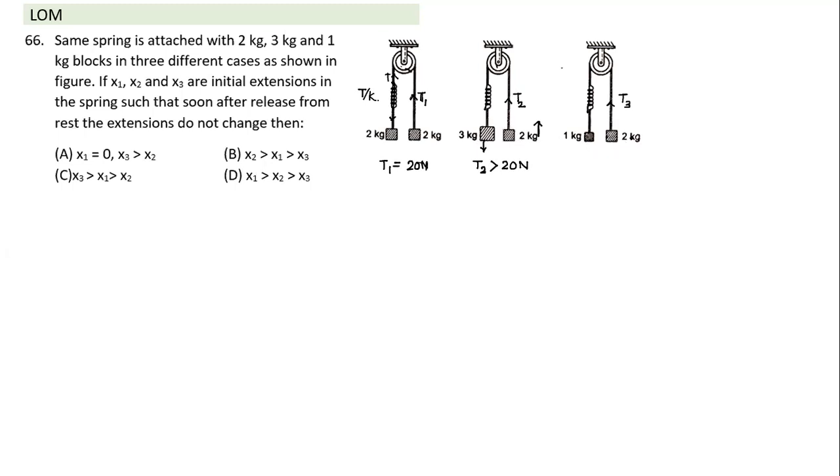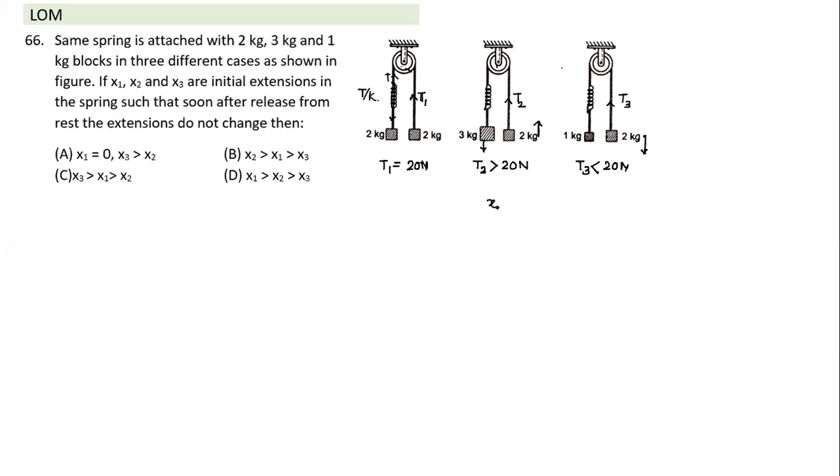Now come to the third case. Here this mass is heavier, so it will have a downward acceleration. If it has downward acceleration, it means T3 will be less than 20 Newton. So the tension developed here will be the least. If the spring remains unchanged in length, the spring is also behaving like a string and its extension is proportional to tension. So wherever tension is maximum, its initial extension also has to be maximum.